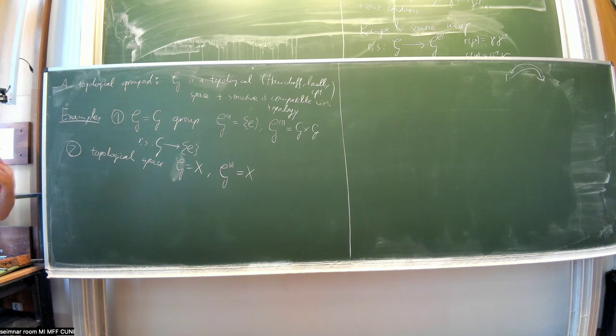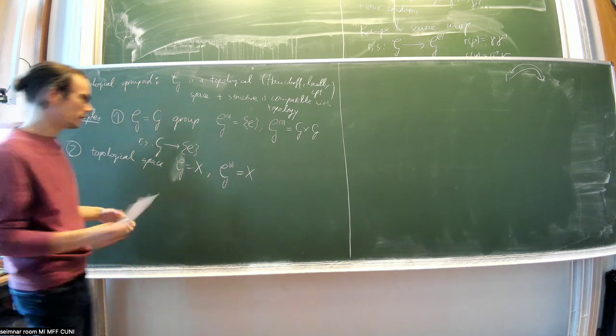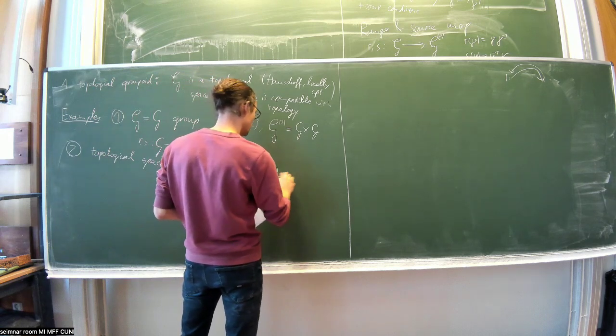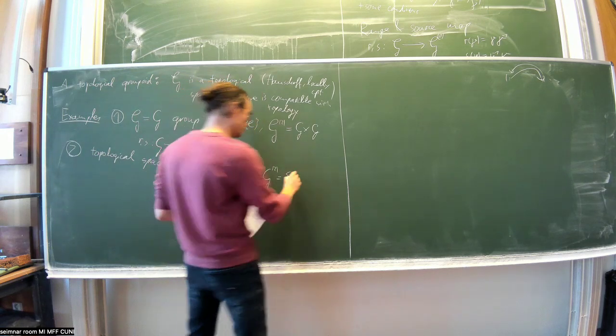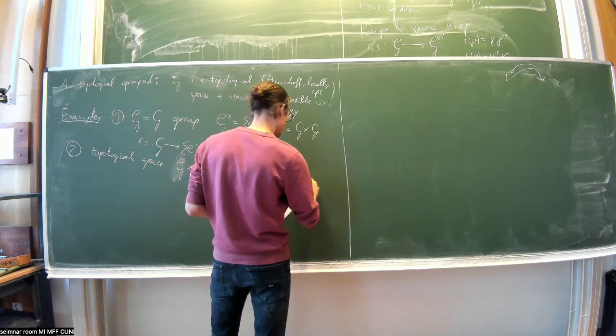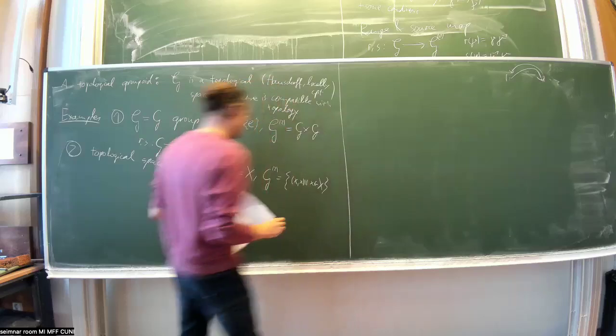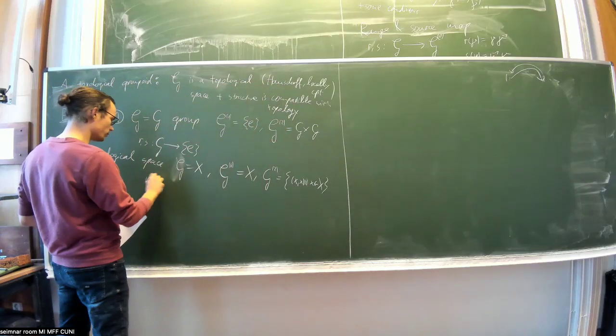There are no non-trivial arrows. Then the space is equal to the composable pairs. Nothing is really composable except the elements with themselves. And the range and the source are both equal to the identity.